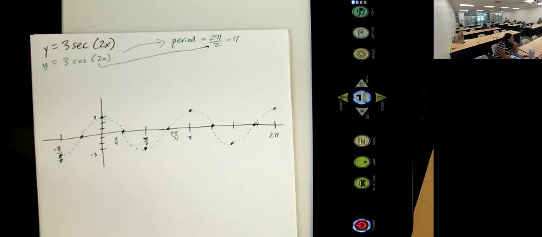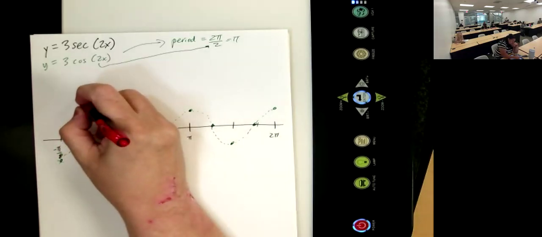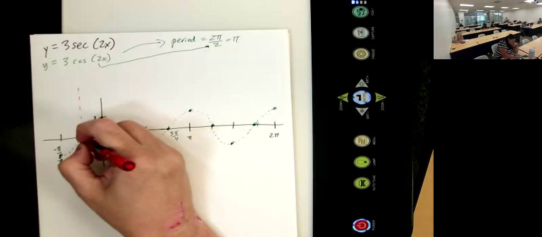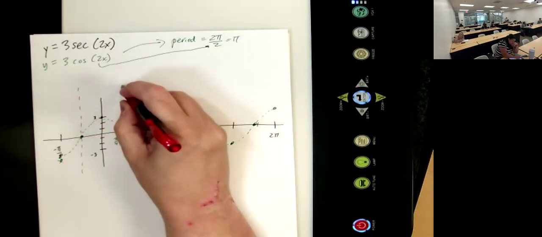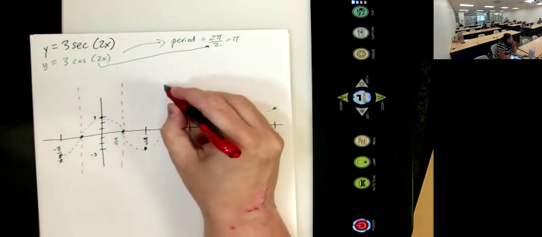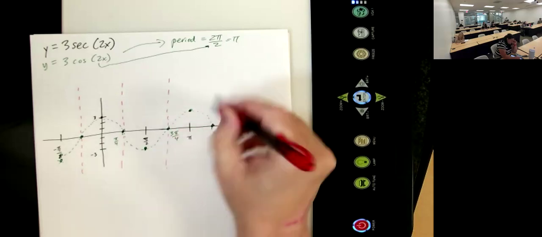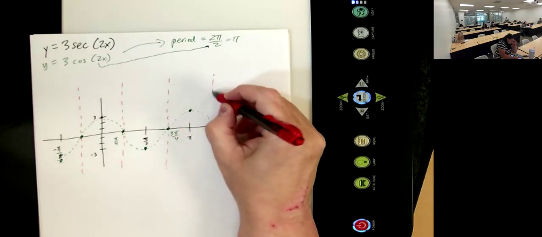My asymptotes will be everywhere there's a zero. If I've graphed this much so far, I don't need to use that weird formula, 2x equals (2n plus 1) pi over 2, that's just awkward. If I've got my cosine graph, I can see what it is.